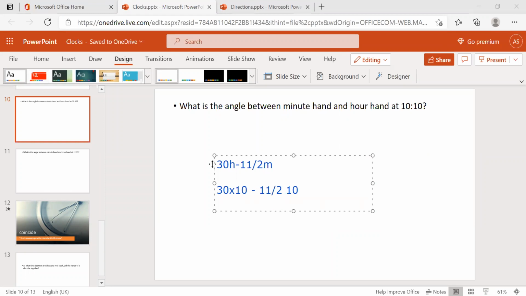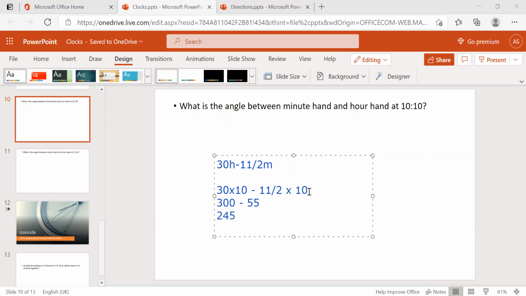Now, what is the next one? 300 minus 55. 2 5s are 10, 5 into 11 is 55. Now, what's the answer here?